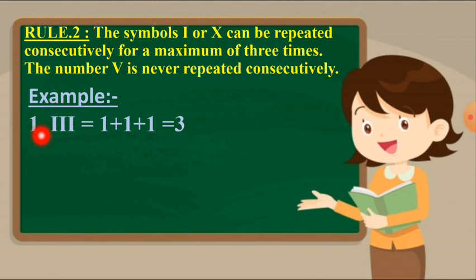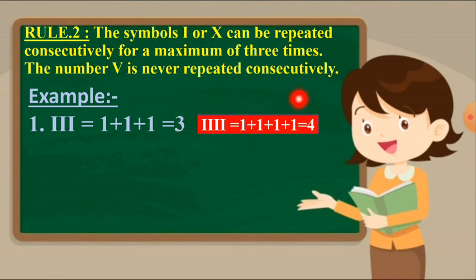I can explain it with an example. See, the symbol I is repeated how many times? 3 times. And which number does it denote? It says that it is 3. Now you can see in the red box the I is repeated 4 times. 1 plus 1 plus 1 plus 1 is equal to 4.